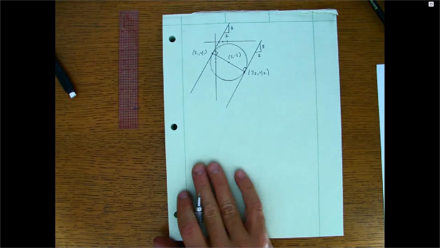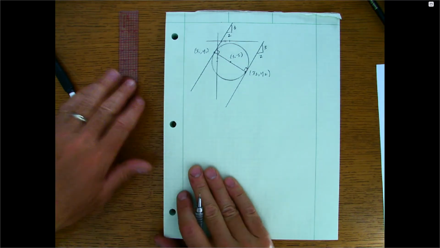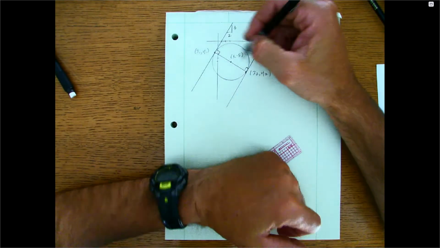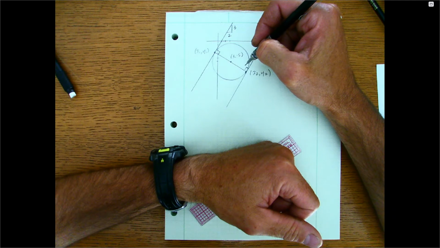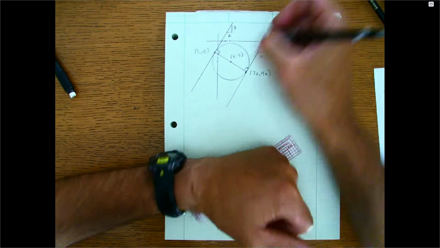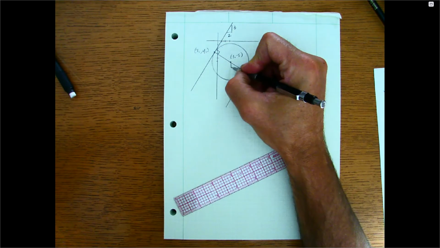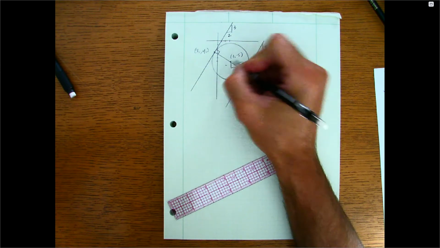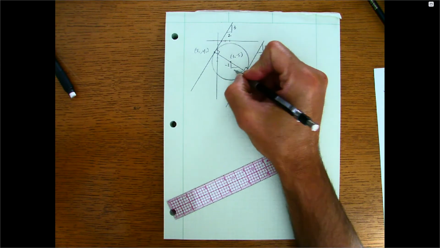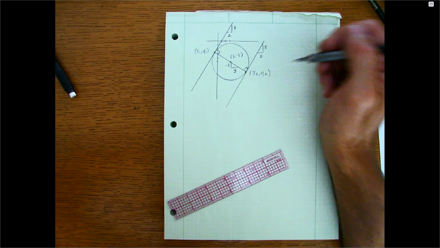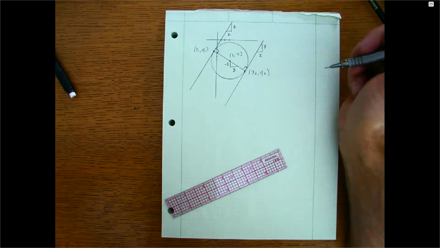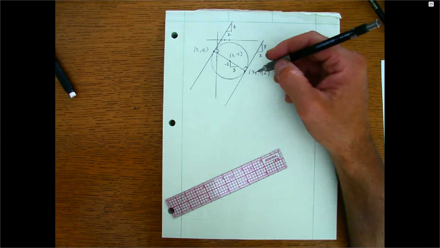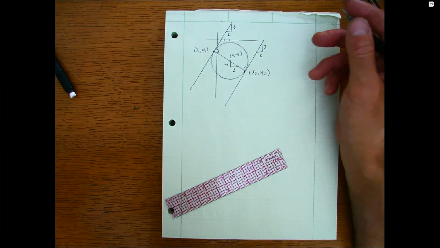So we can think about the slope of this line, which has a negative reciprocal slope to 3/2. So it must be down 2 and over 3. So negative 2/3 is the slope of the line that passes through the diameter and the two points of intersection.